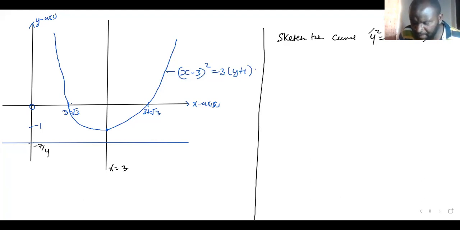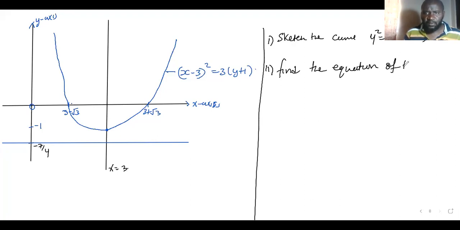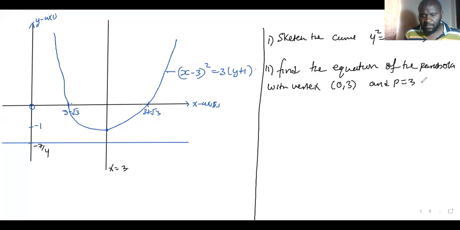Find the equation of the parabola. They can also give you another one. Find the equation of the parabola with vertex 0, 3 and p is equal to 3 if it is concave upwards.